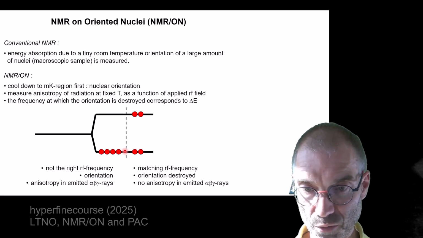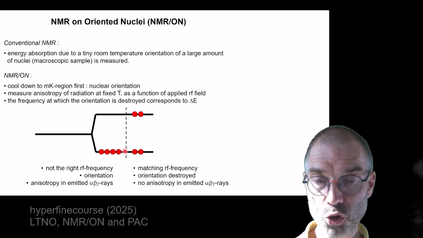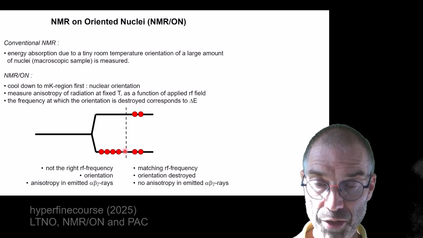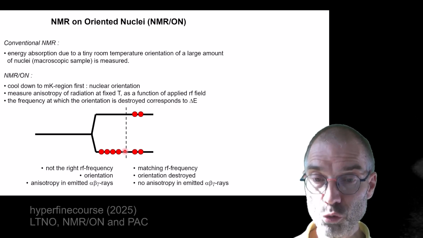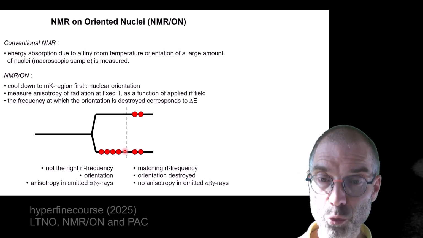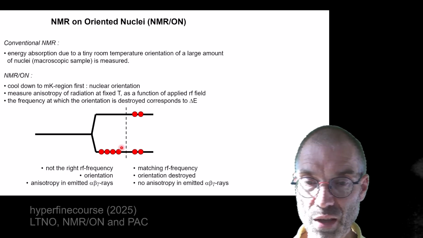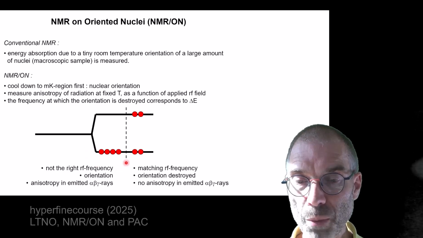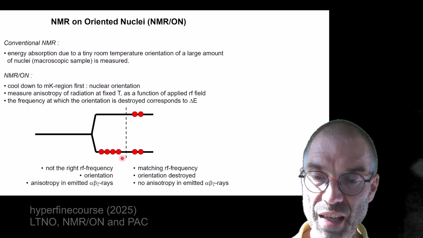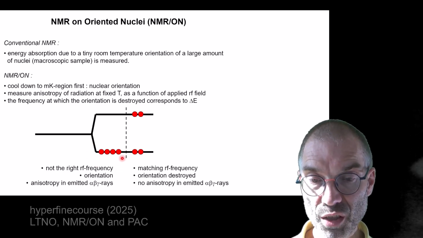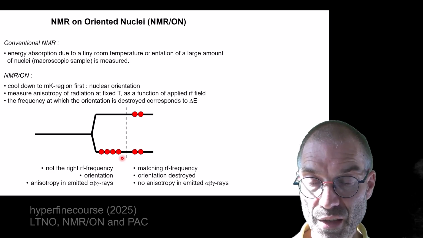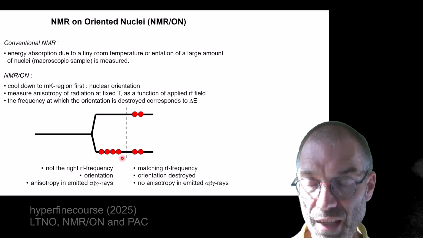Now we measure, as in low temperature nuclear orientation, the anisotropy between two different directions. We put a detector in two different directions, and if this occupation of the lowest level has taken place, we will measure a difference in intensity.